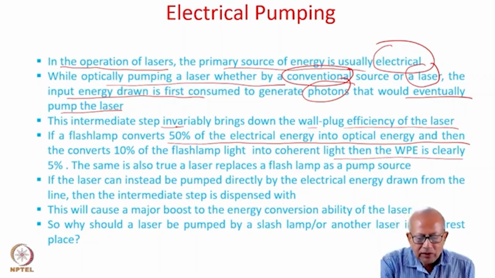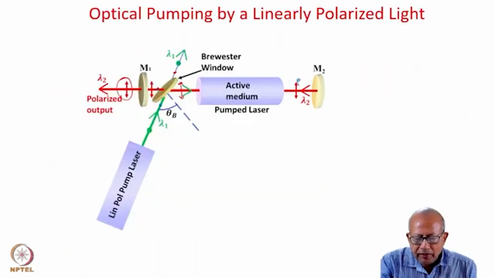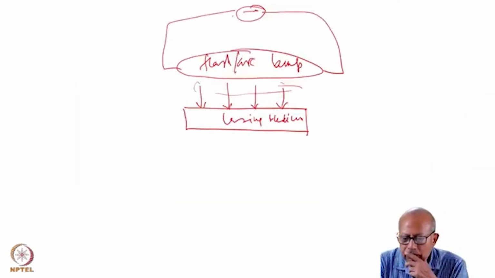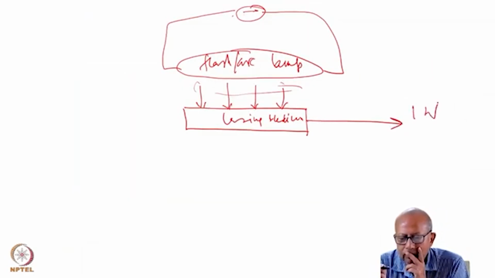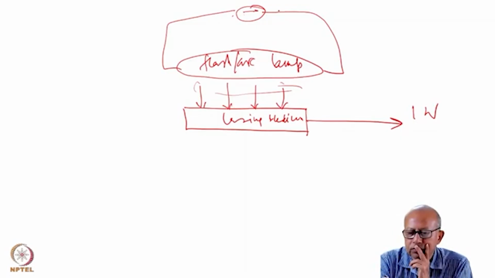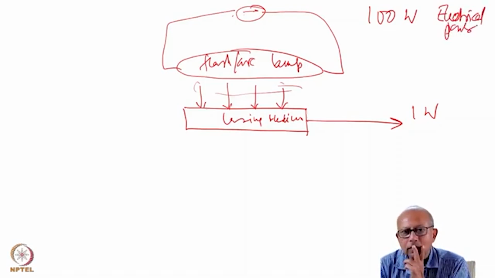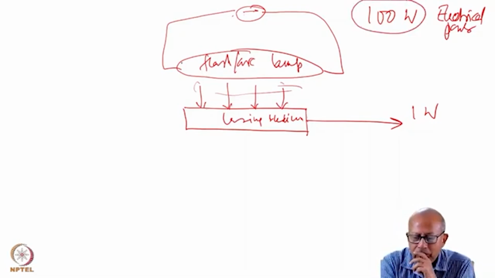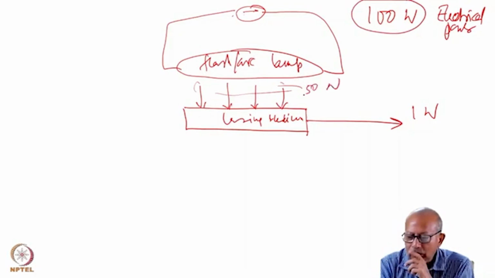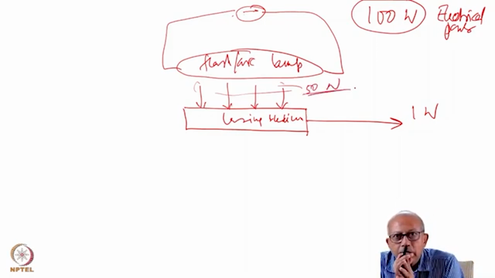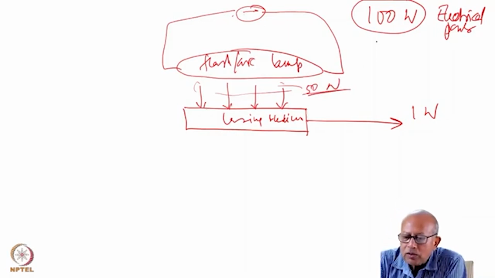That means, let us assume that this laser gives out an optical power of 1 watt, and we draw for this an electrical power which is 100 watt. And from this 100 watt electrical power, the flash lamp produces 50 watt of light. So this is actually wastage.